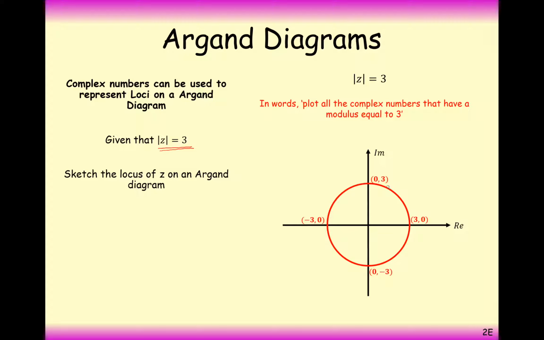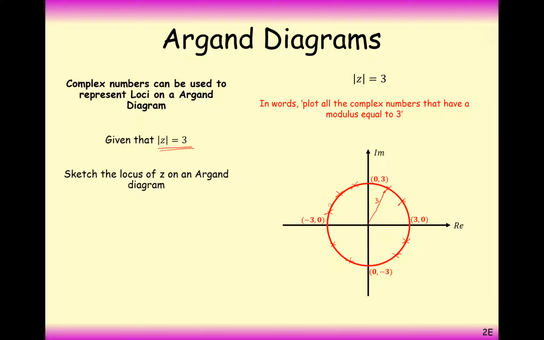Now any complex number that's along this circle will have a distance of 3, and that's what it means to have a modulus z of 3. So that's what we mean by finding loci. All of these points along this line form the locus of points that has a modulus of 3.